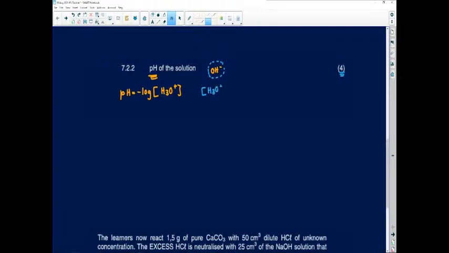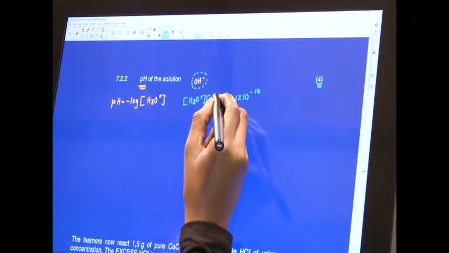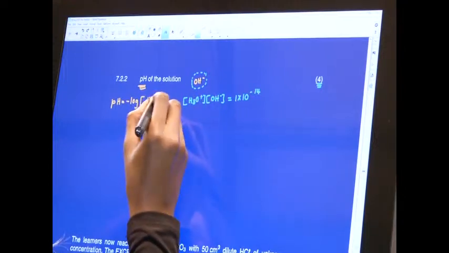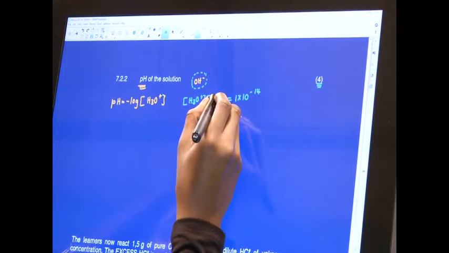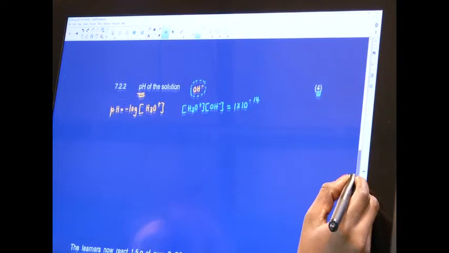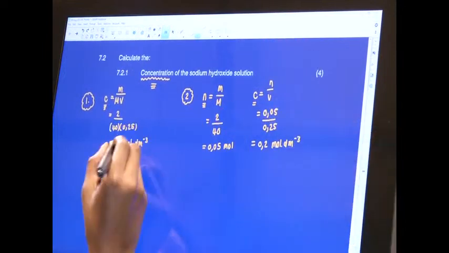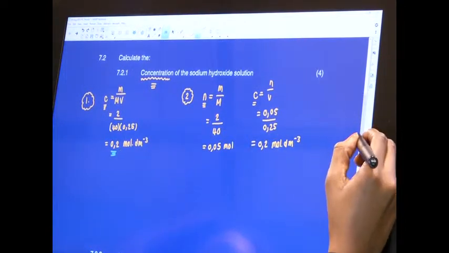Remember, the concentration of H3O plus multiplied by the concentration of OH minus gives us 1 times 10 to the negative 14. Therefore, I'm looking for this one, because that's the pH that I must look for. You can see my formula is H3O plus. I do have that one. Remember, I just actually calculated it where my concentration was 0.2. So that's 0.2 I'm going to use.